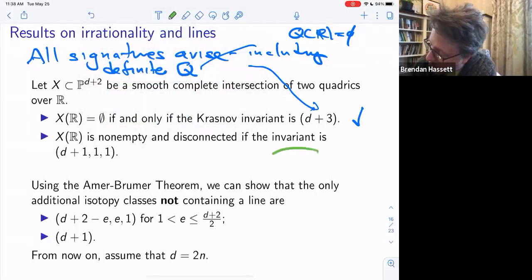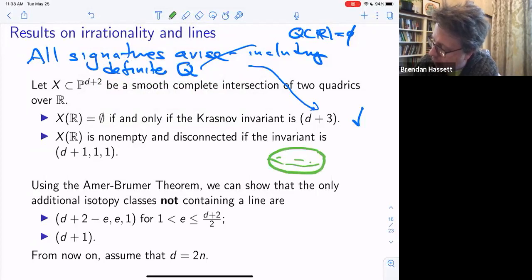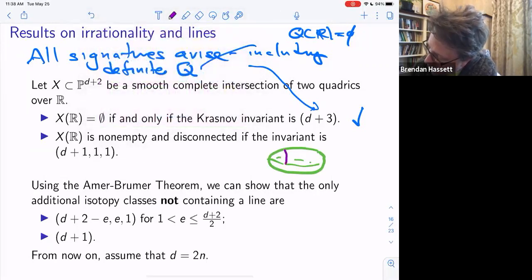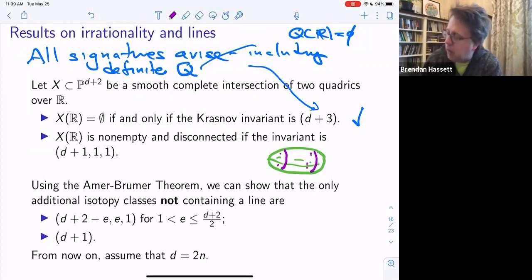So if you have something like this, where I have an intersection of a sphere and then, I don't know, maybe a hyperboloid, I'm not going to draw the other hyperboloid, but the induced curve looks something like this. So these are the non-empty disconnected cases.